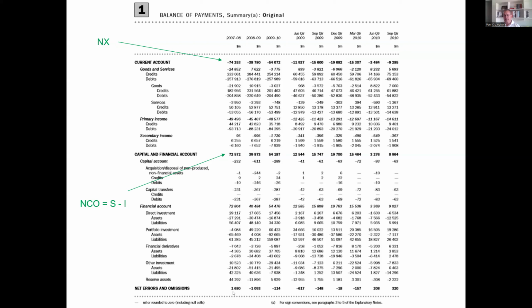We've got down here a small net errors and omissions. That is all about the Australian Bureau of Statistics not being able to measure all of the economic transactions that are included in these overall totals perfectly. Just imagine trying to accurately measure all economic transactions involving an Australian and a foreigner. It's very, very difficult.